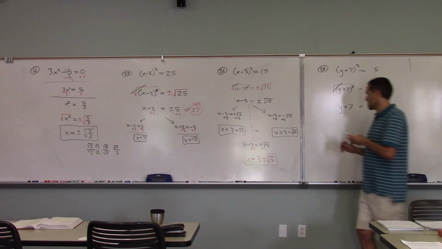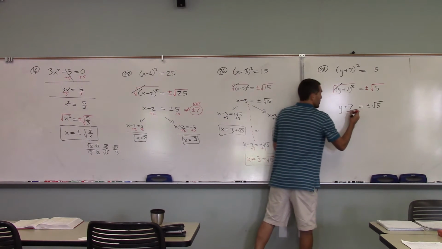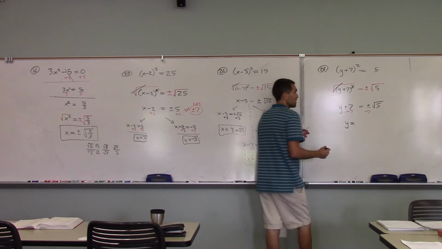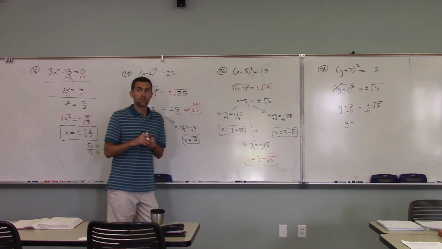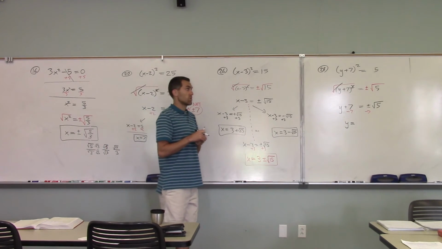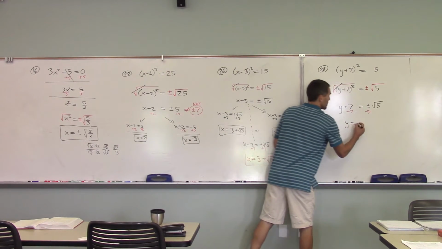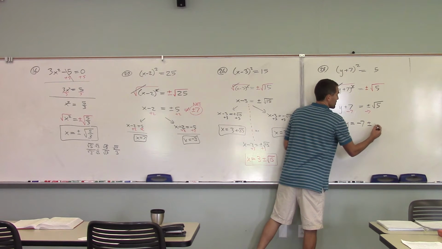And then you're gonna minus 7. You get y equals negative 7, yeah, plus or minus the square root of 5.